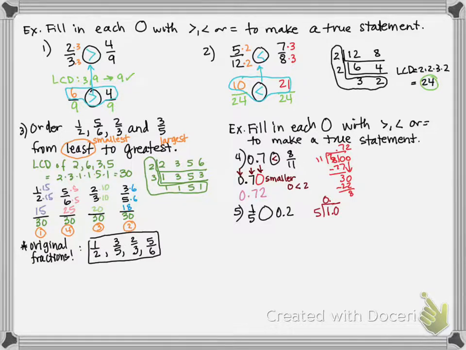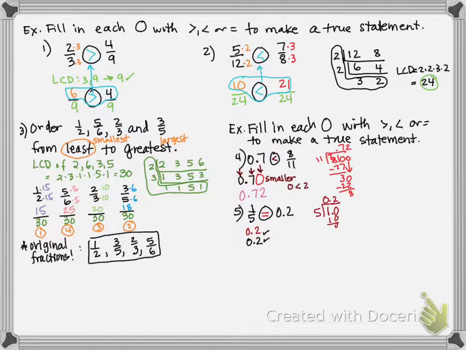Annex 0 and 5 goes into 10 twice. So now I have 0.2, and I'm going to compare it to 0.2. Guess what? They're the same. So this is the situation where you would say these are equal to each other. Okay. All right, let's do one more.